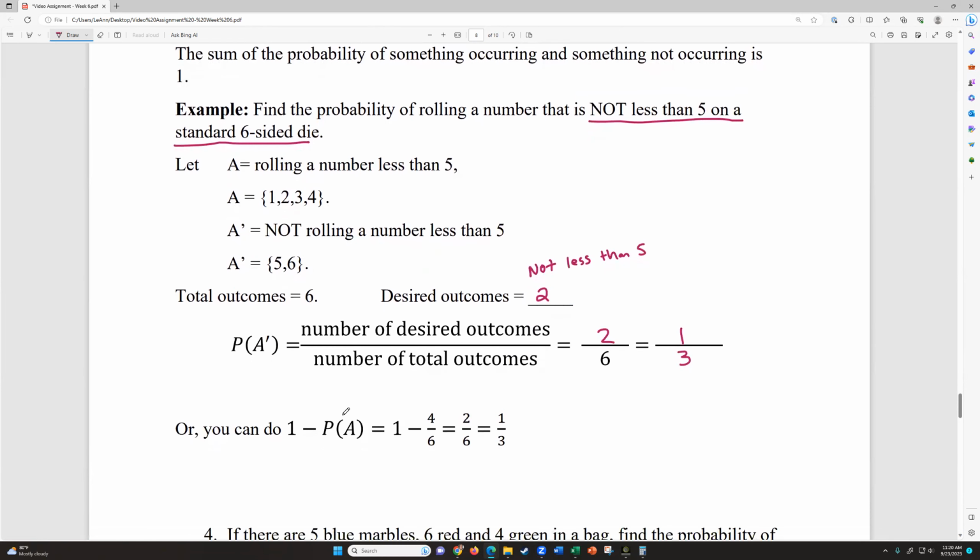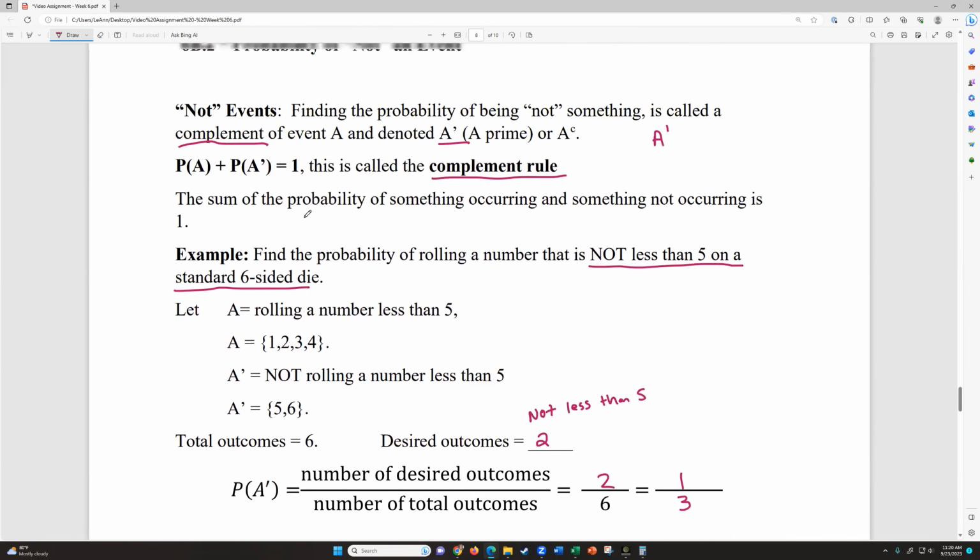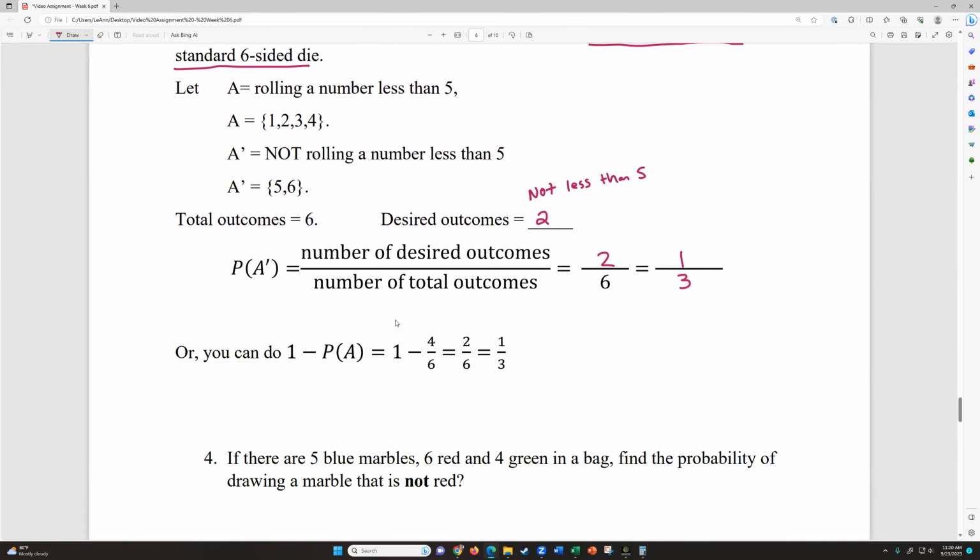Now to show you, I could have found that using the regular event, which is just rolling a number less than 5. We can use the complement rule. Remember it said P of A plus P of not A equals 1. That means if you know either of these, you can find the other. So if I want the probability of not A, I just do 1 minus the probability of A. So I just take A out of the equation, okay, from 100%.